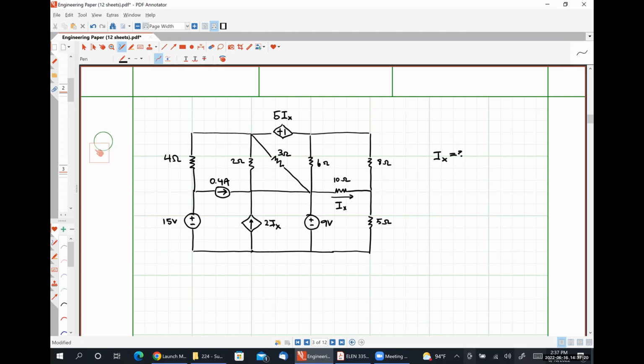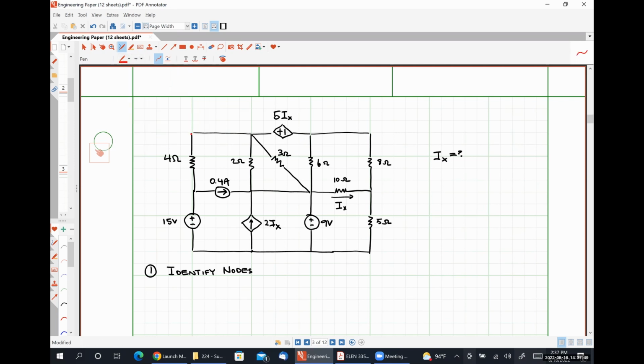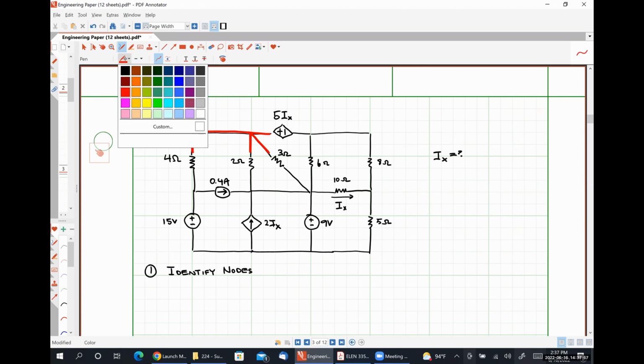So my first step in employing the nodal analysis technique is to identify my nodes. So I'm going to take a moment to do that. We have this guy on the top left.